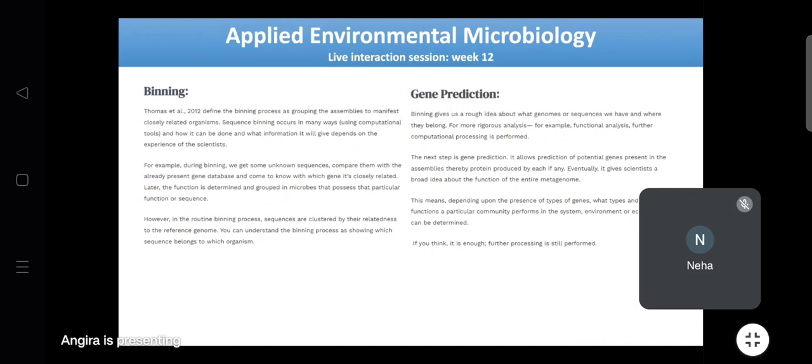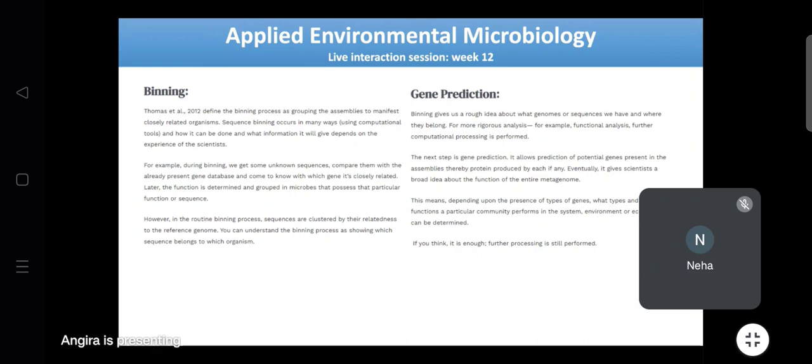And this gives scientists the idea about the function of the entire metagenome. Depending on the presence of certain types of genes and the number of functions this community is performing inside the system, one can think how much a particular microbe is related to the other microbe.